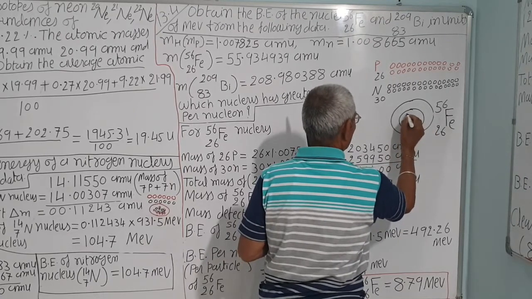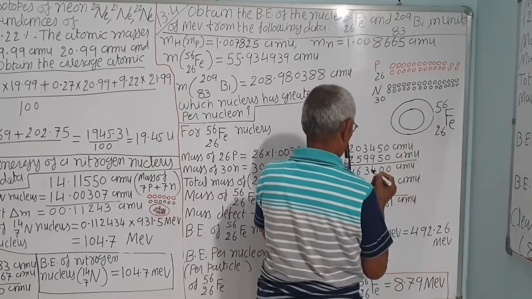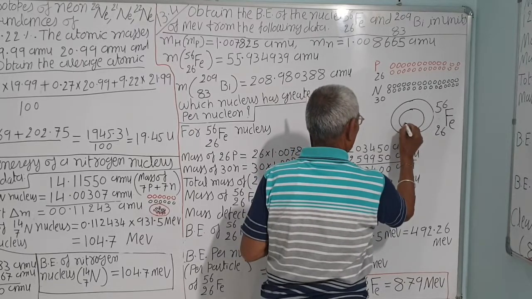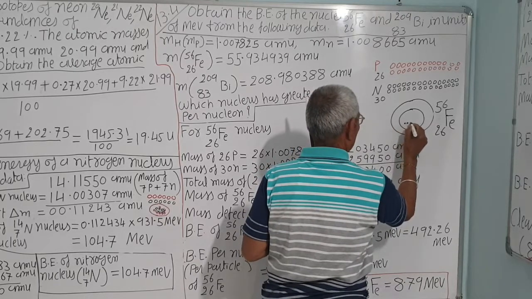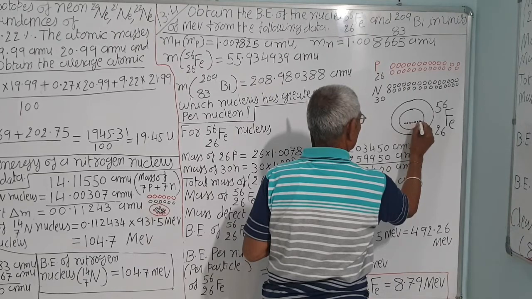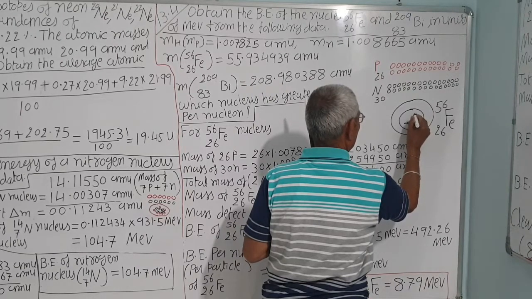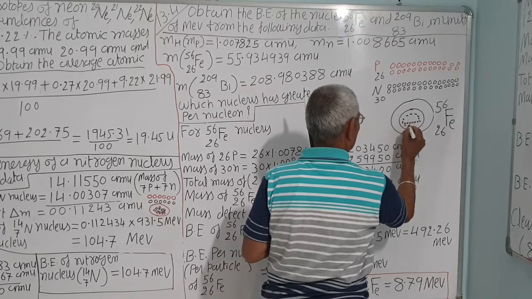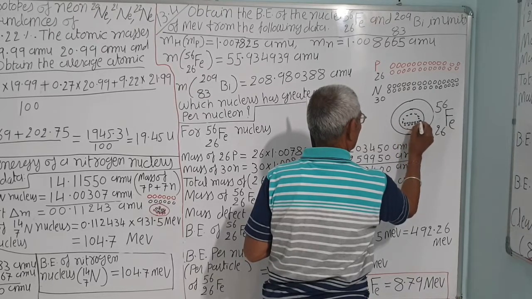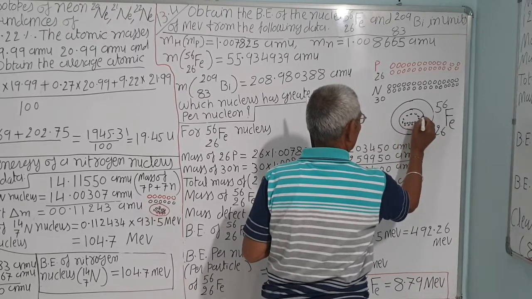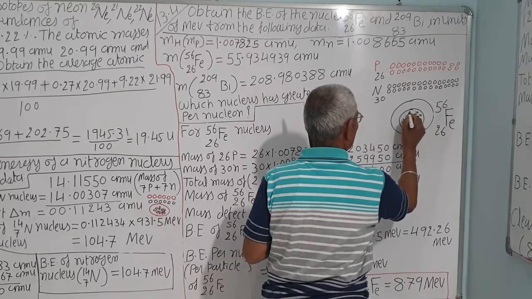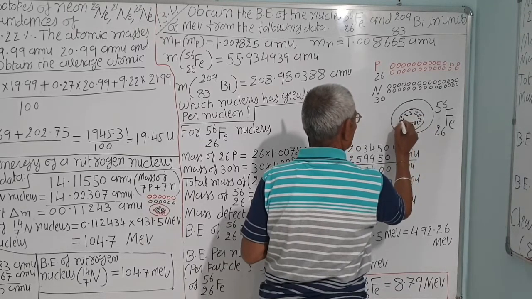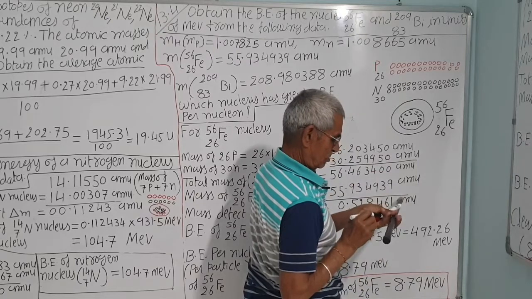If you put together these particles, 26 protons and 30 neutrons.